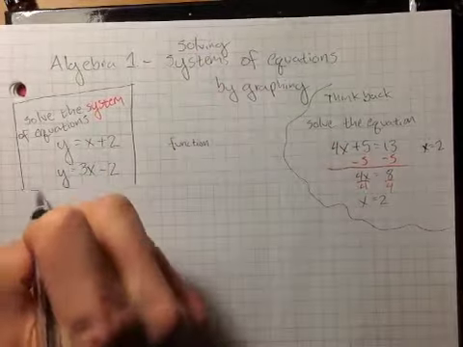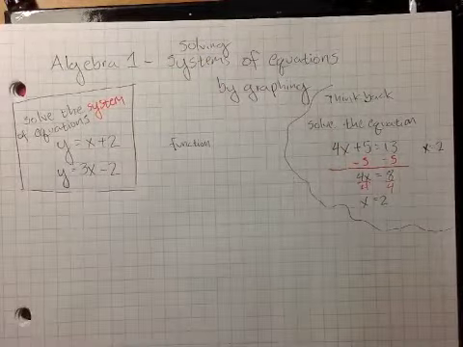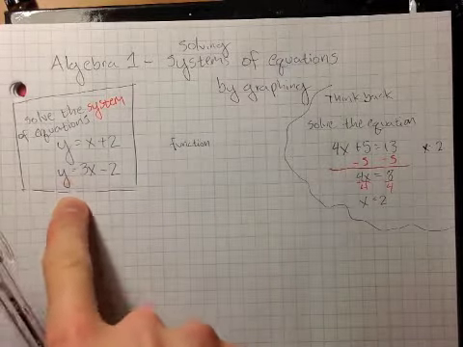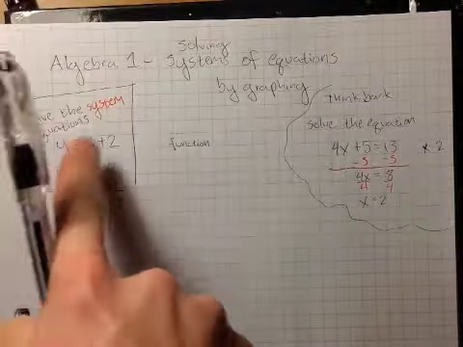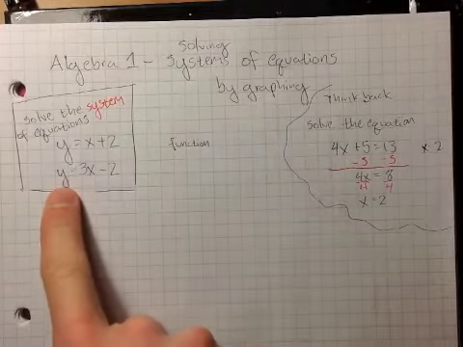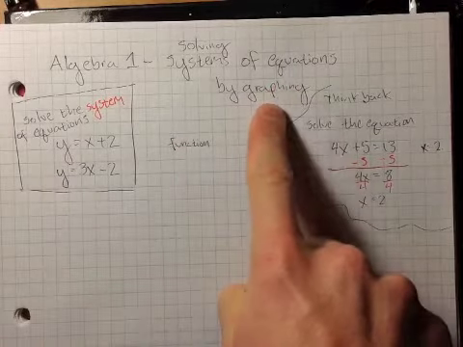In fact, this is the type of problem we're going to be studying in this next unit. I'm going to ask you to solve a system of equations, and you're going to know what that means and how to do it in a variety of ways. Today, in this video, you're going to learn how to solve this system of equations by graphing.